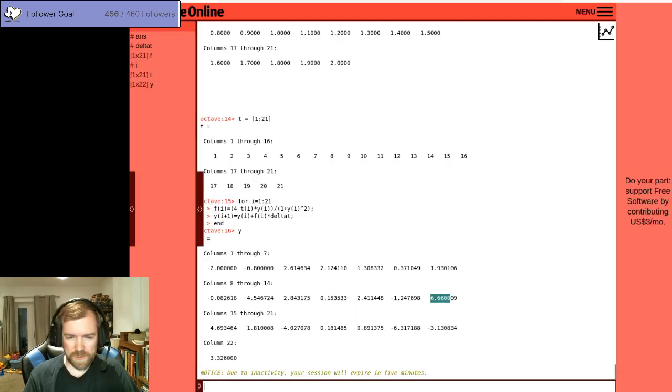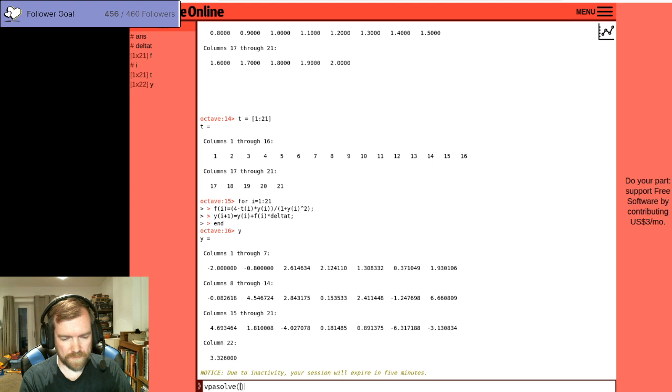But, good news, if we do this as vpa solve, we could say that we've got now y cubed plus 2y... that's not going to work. Hang on. Gotta put in the multipliers because otherwise they yell at me.